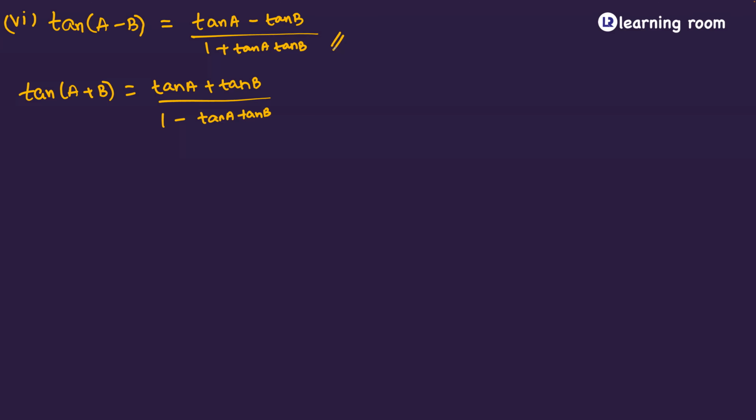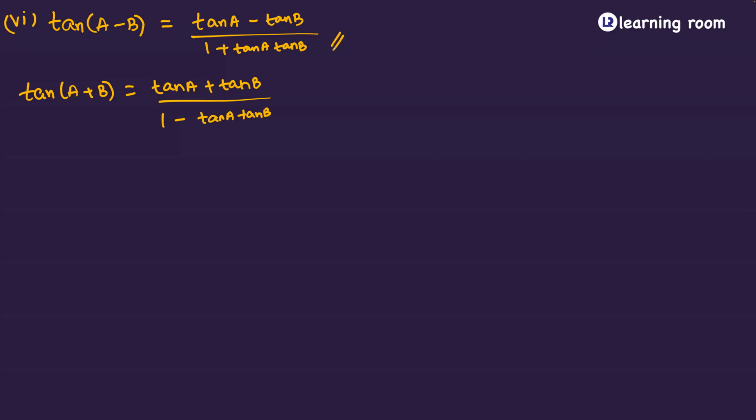Which one? This one. No, it is C. Because see, I'll tell you the logic. How will you start the derivation? Let's not write it, but let's think logically. You'll write sine by cos. So denominator, what do you have? You have cos of A minus B. So when you have minus sign for cos, how will the output come out?